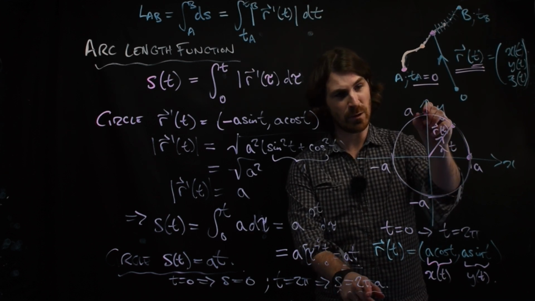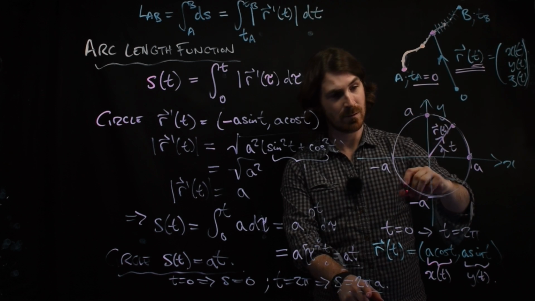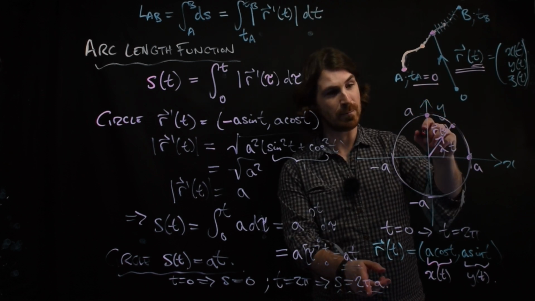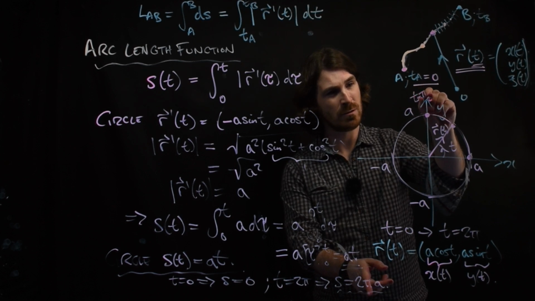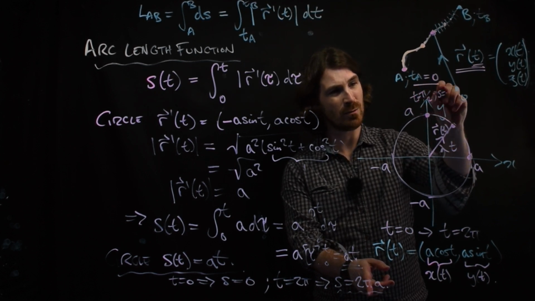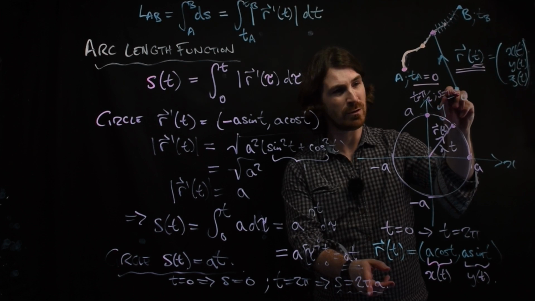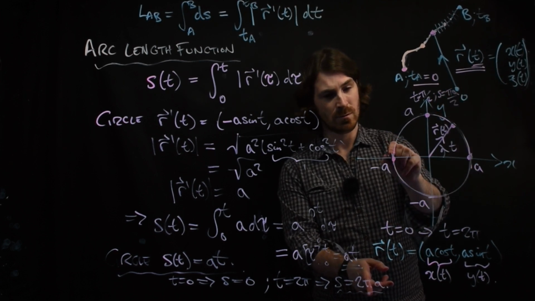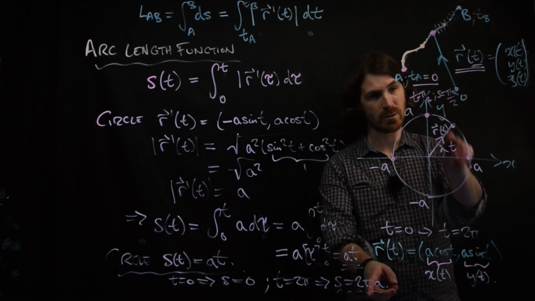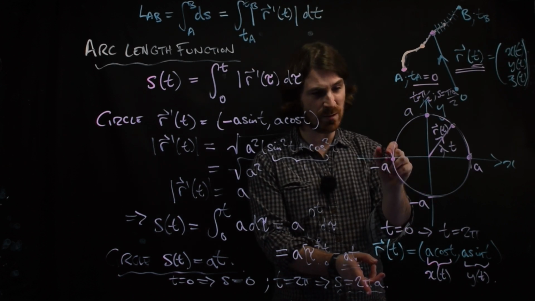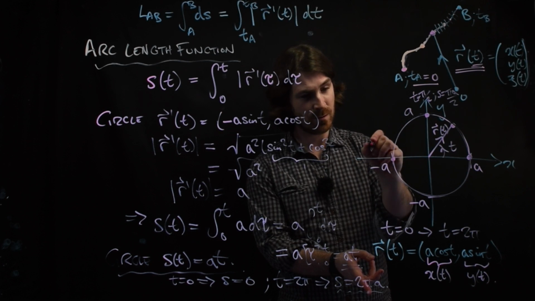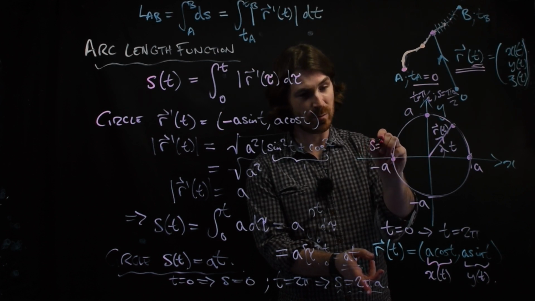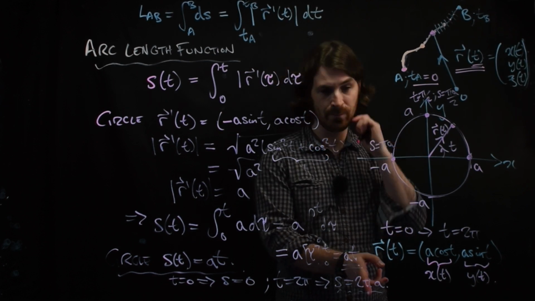Okay, so this point on the circle corresponds to t equals pi over 2, or s equals pi a over 2. Okay, so a quarter of the circumference. This point is the semicircle length, so that's s equals pi a.